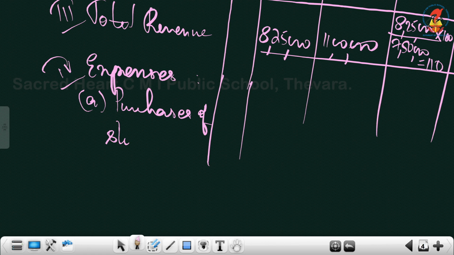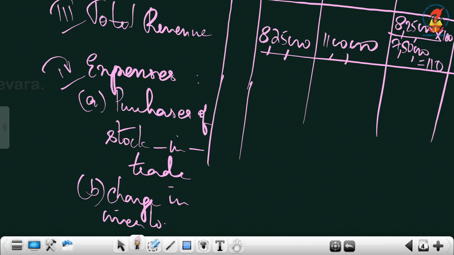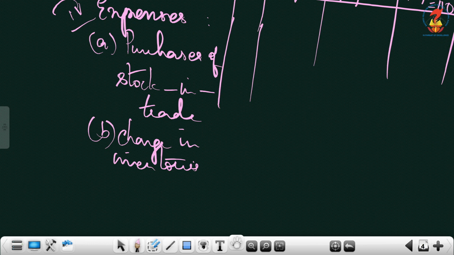Purchases of stock in trade, then change in inventories, that is opening minus closing, then other expenses.